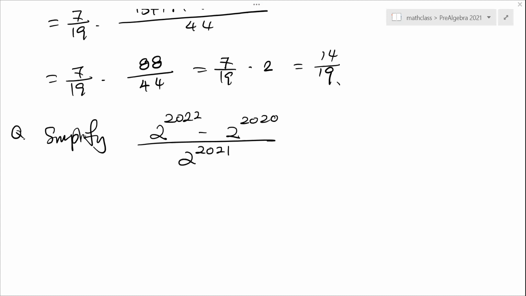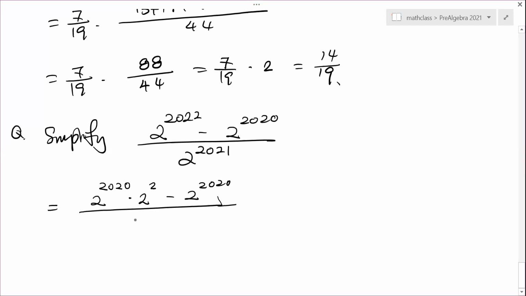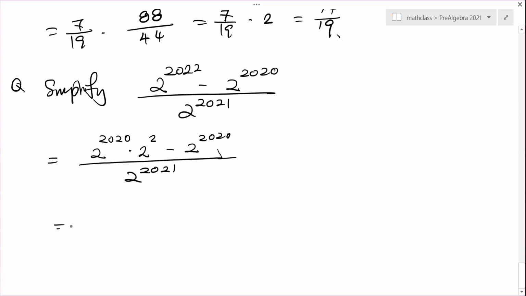So let me finish this. Dealing with the numerator, you have to separate: 2 to the 2022 should be written as 2 to the 2020 plus 2, right? If it's plus 2, then it'll be 2 squared here, and then minus 2 to the 2020. And you will get 2 to the 2020 out, and that is 1, so it's 2 squared minus 1 here.